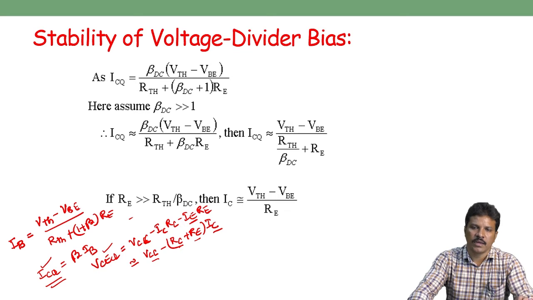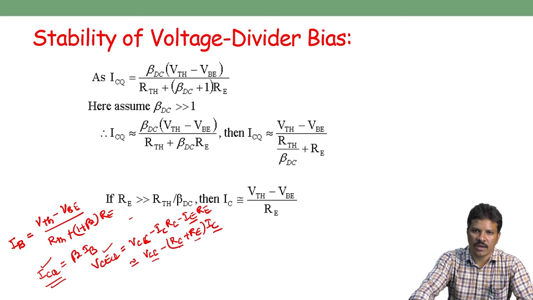But now, is this Q point fixed, or does it vary with temperature or other parameters? In order to find out whether it is independent of beta, we will see now.